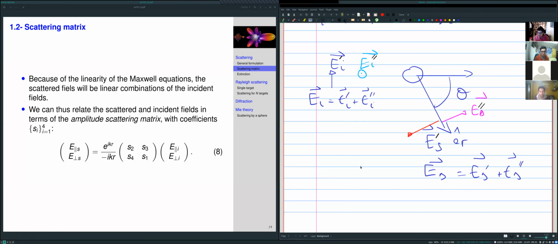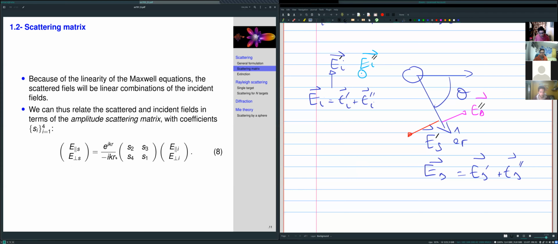It is apparently a horribly complex problem in the sense that the details of the interaction with the obstacle are difficult, and they depend on the shape and composition of the obstacle. But all in all, it's just a linear problem. So that's important to realize, and we see that we can write the scattered fields this way.